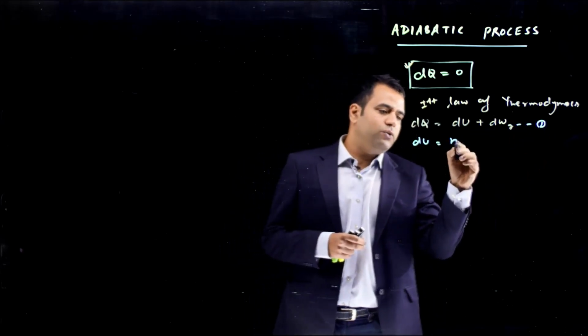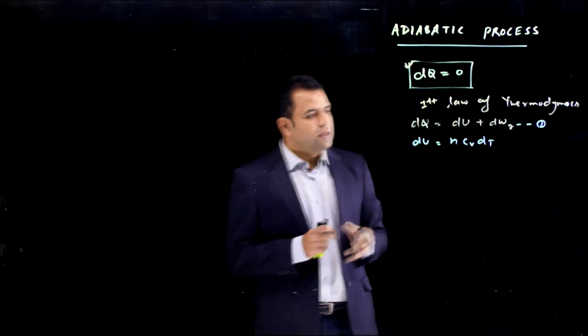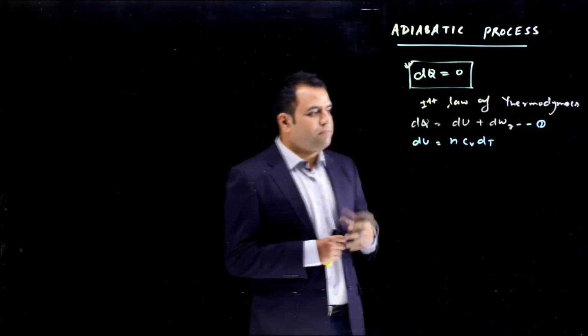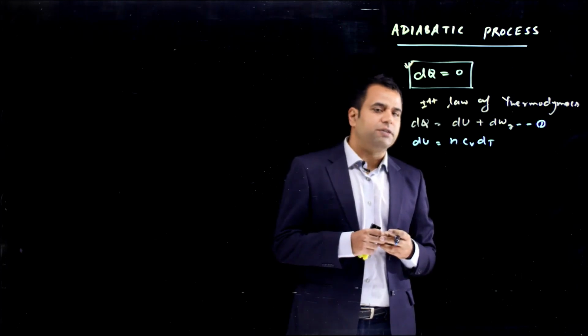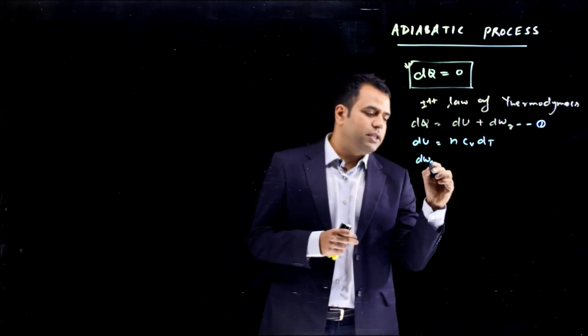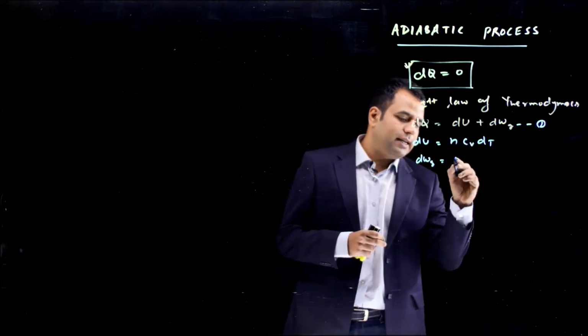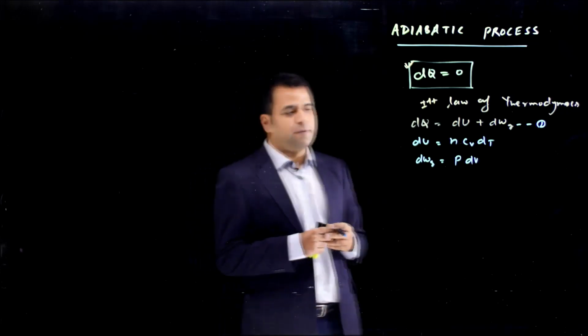The value of du is ncv dt. Whatever kind of process you are talking about, if it is ideal gas and the system is closed, the change in internal energy of the system is equal to ncv dt. And since the system is closed here, the work done can be written as pdv.